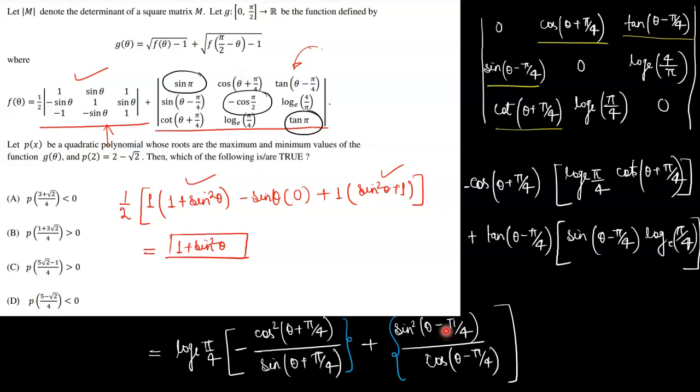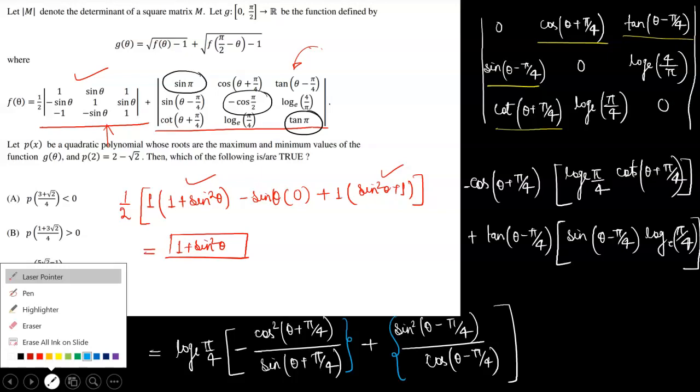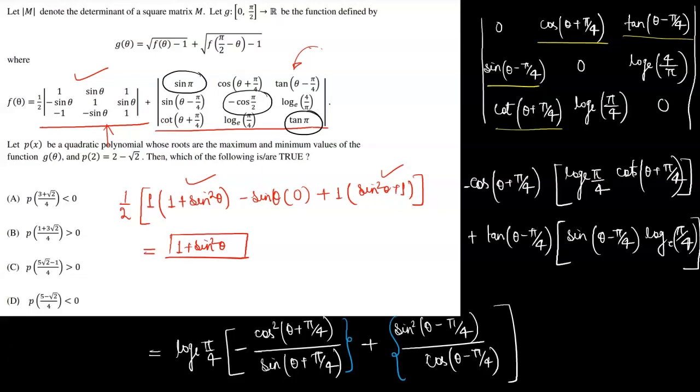You can simply take the minus sign common, because there is a whole square, so it doesn't matter which has the negative sign, cos theta or sine theta. Fine. So these two terms have the same value, so they will cancel, giving value 0. So this determinant will have value 0.